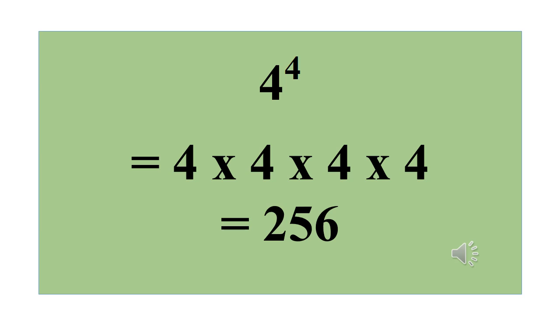It then follows that 4 raised to power 4 equals 4 in 4 places. That is 4 times 4 times 4 times 4. And that gives us 256. That's the answer for the first question there.